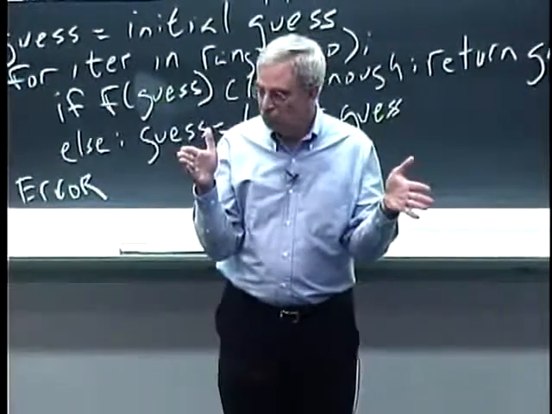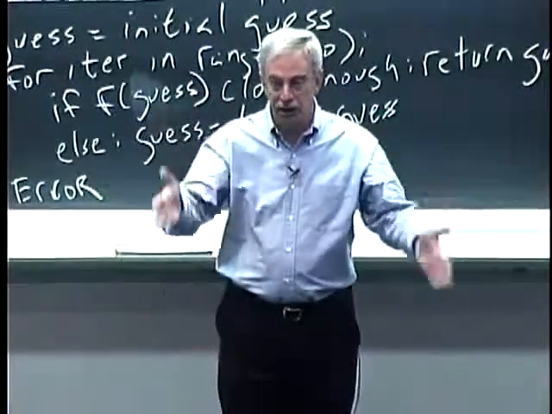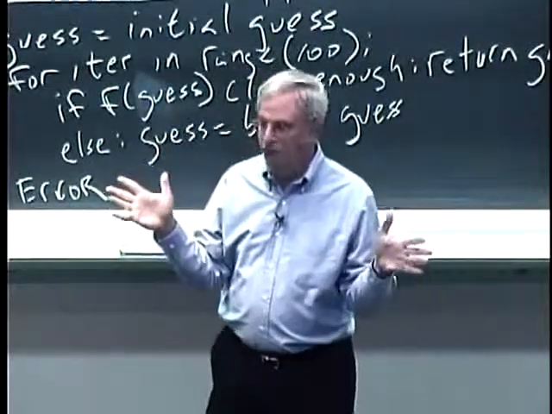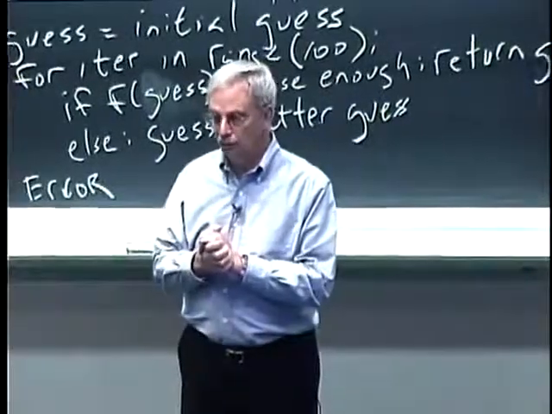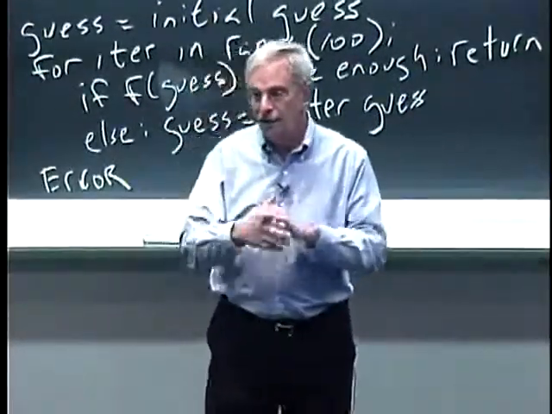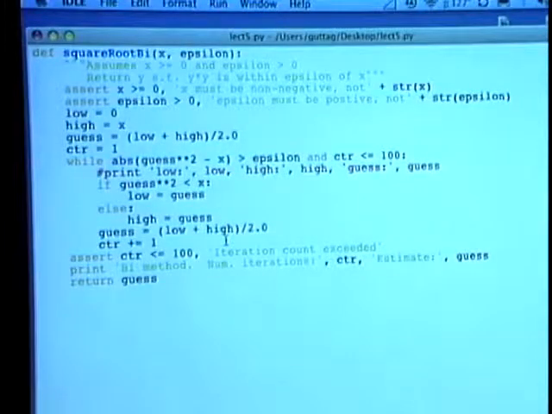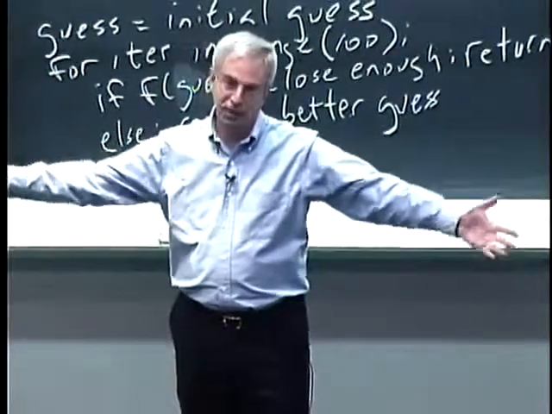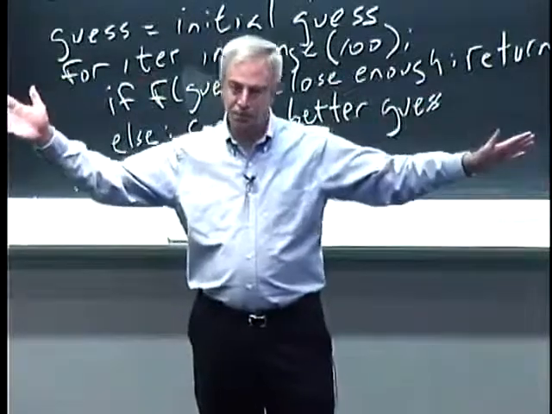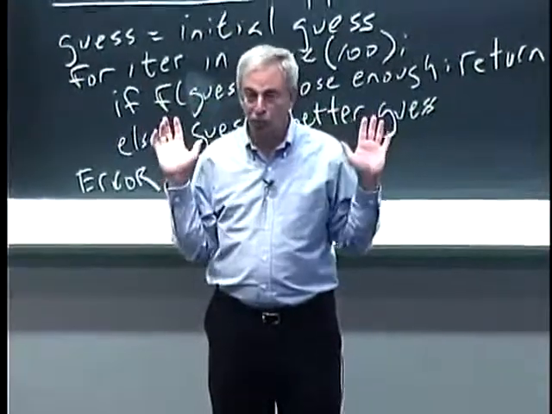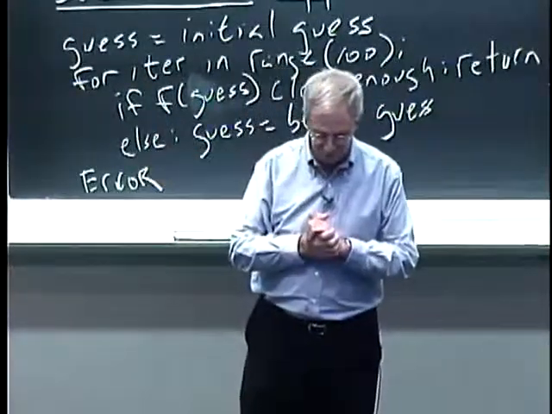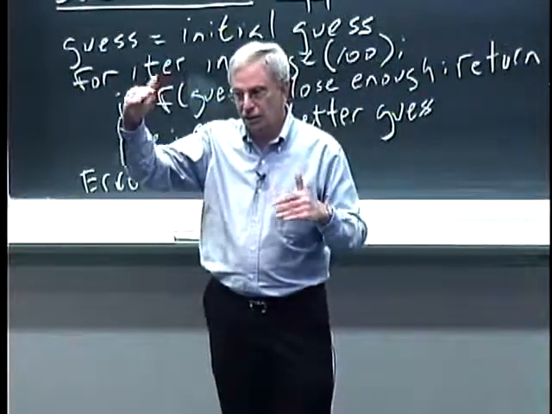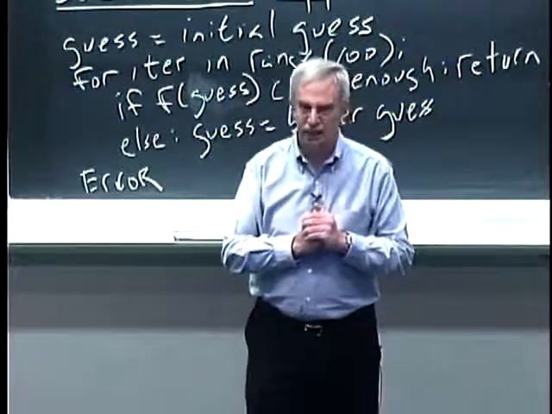If it's true, it does nothing. It just goes on to the next statement. But if it's false, it prints a message, the string, which is my second argument here, and then the program just stops. So rather than my function going off and doing something bizarre, for example, running forever, it just stops with a message saying, you called me with arguments you shouldn't have called me with. All right, so that's the specification, and then my check of the assumptions.